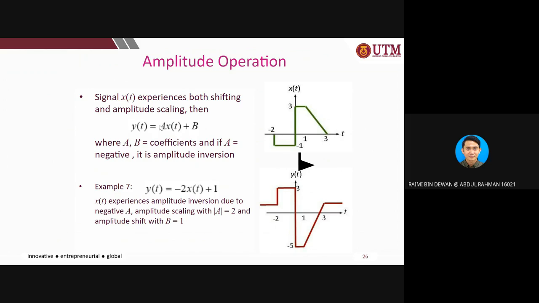But if you have, let's say, -1, -2, -3, that means your signal will be inverted. It will be inverted in amplitude, but not in time. Repeat again: inverted based on amplitude, but not time.